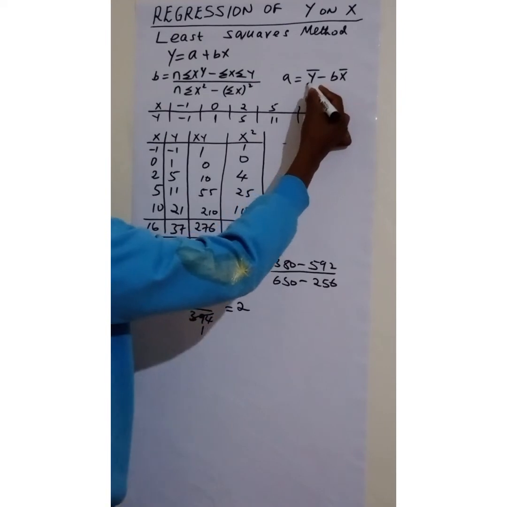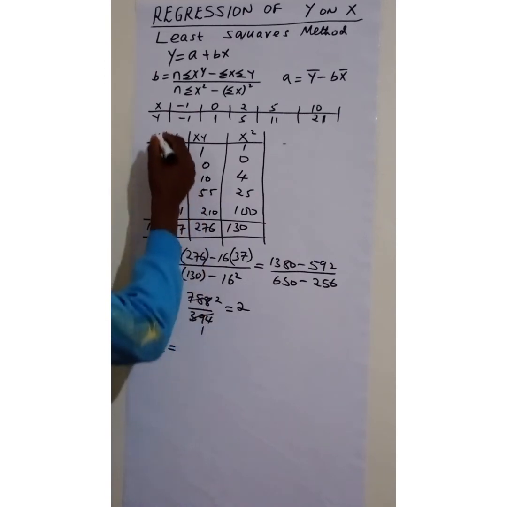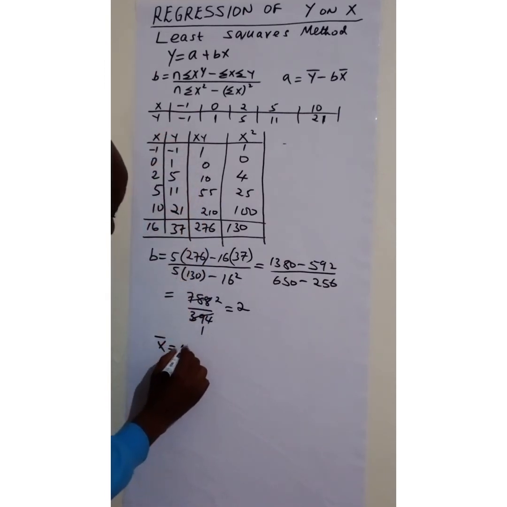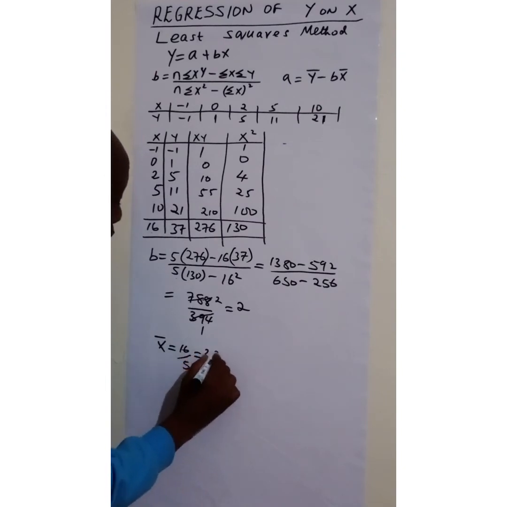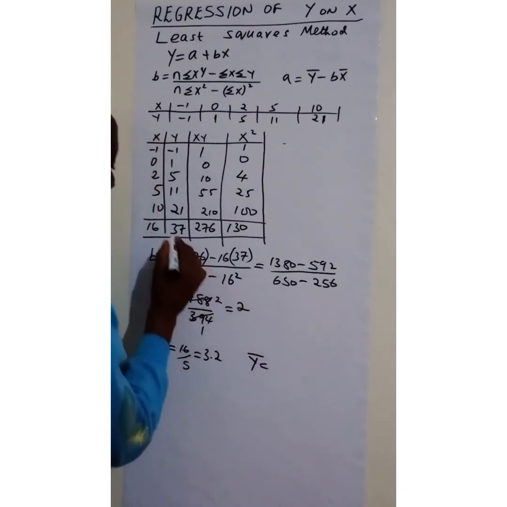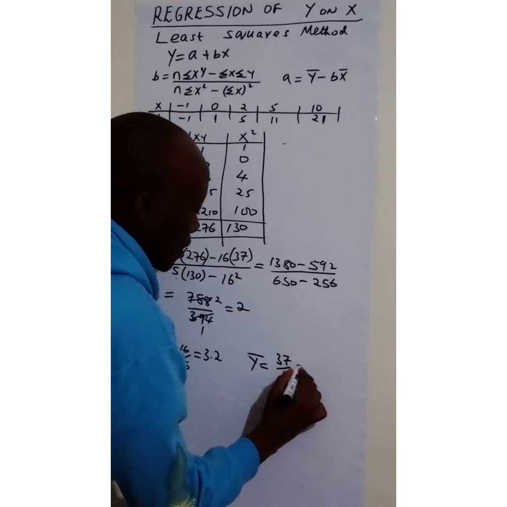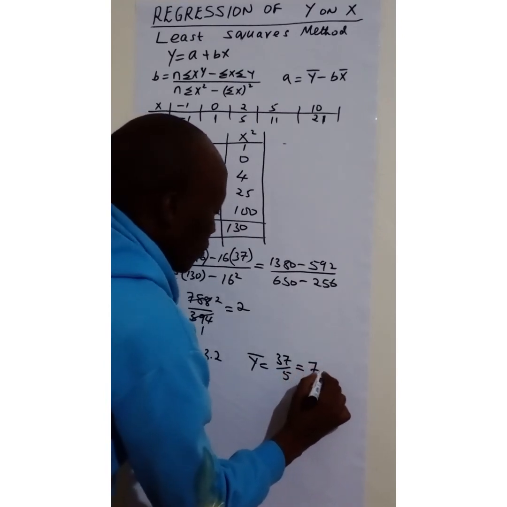We need the mean of y and the mean of x. The mean of x will be equal to the sum of column x, which is 16, over 5, and that gives us 3.2. Then the mean of y will be the sum of y, which is 37, over 5, and that gives us 7.4.